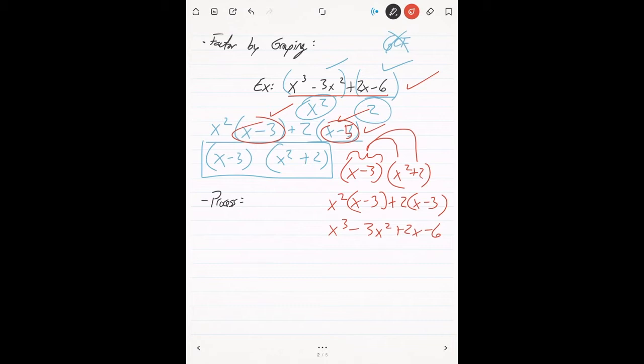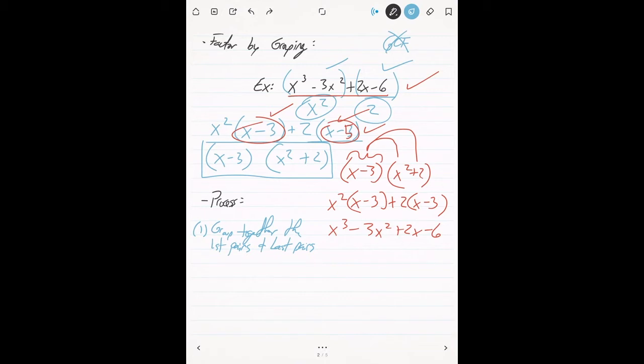Let's get a procedure written down for this. Step 1: Group together the first pairs and the last pairs. Okay, we grouped together the first pair of values and the second pair of values.